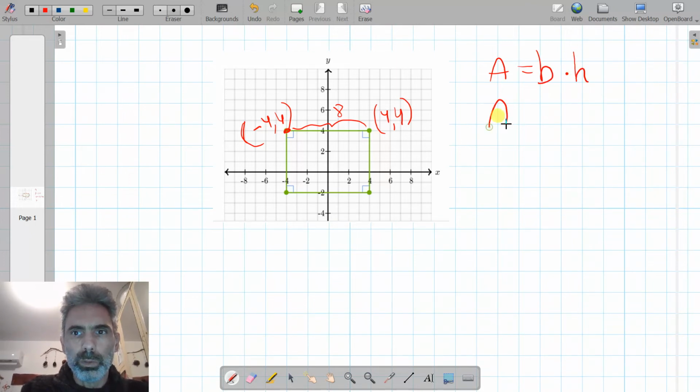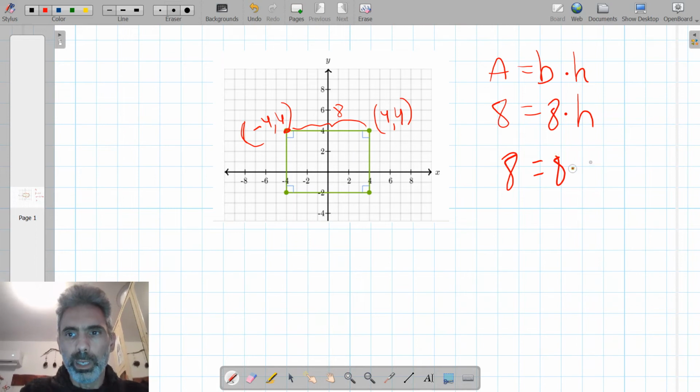So we know the area is 8, and we know the base is also 8, and we need to multiply the base times the height, so the height should be 1. So 8 is 8 times 1. So it's clear that this should have a length of 1.